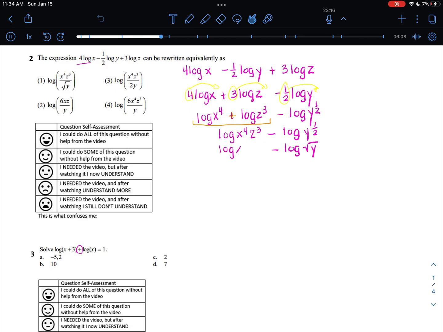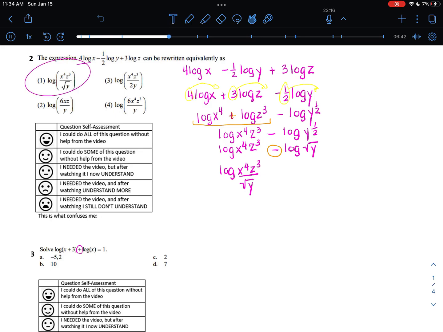So I now have log of x to the fourth, z to the third, and with that subtraction, I can use my quotient property of logarithms, and I'm going to rewrite this as log of x to the fourth, z to the third, over the square root of y. And I see that that is answer number 1.